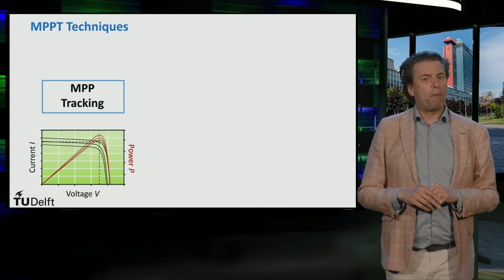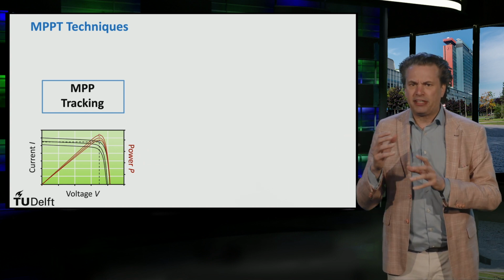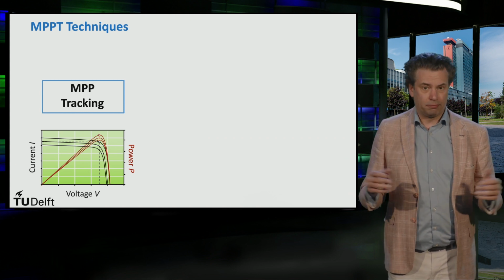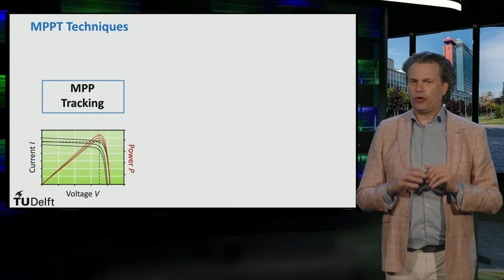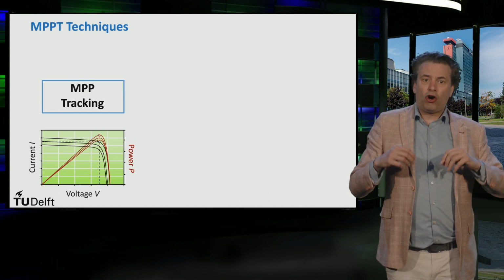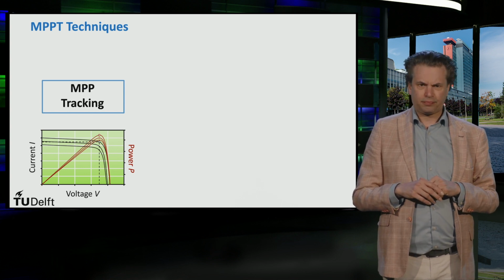A maximum power point tracker device is nothing but a hardware implementation of a maximum power point tracking algorithm or algorithms. There are several algorithms to track the maximum power point effectively. These are also called maximum power point tracking techniques.